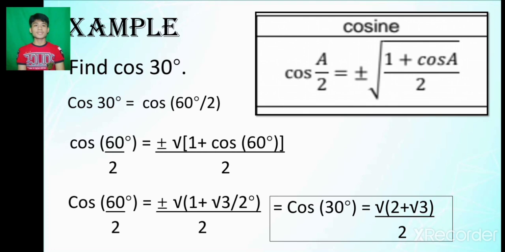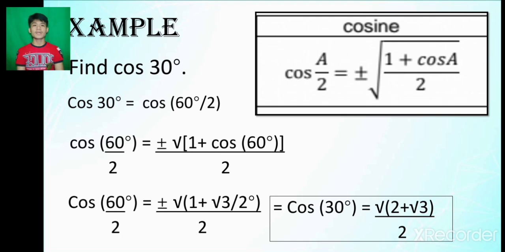Just substitute the given value to our formula. We have positive or negative square root of (1 plus cosine 60 degrees) over 2, with the value of cosine 60 degrees being square root of 3 over 2.